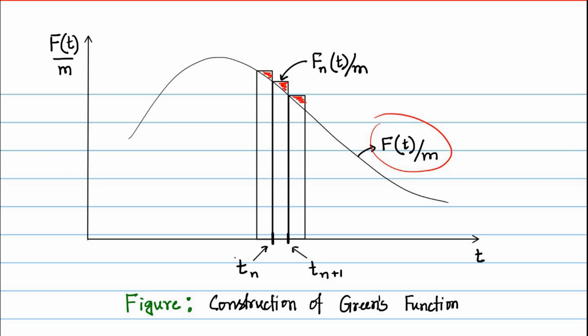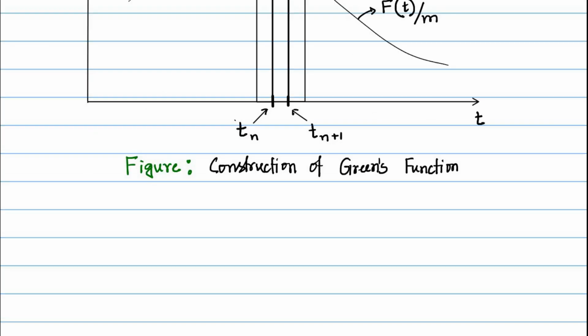I'm assuming that all the impulse functions have the same duration, which should be denoted by tau.